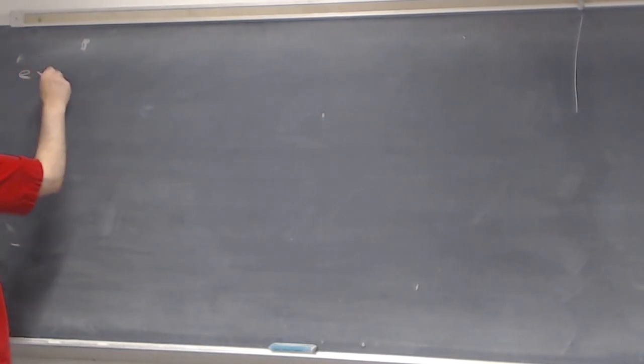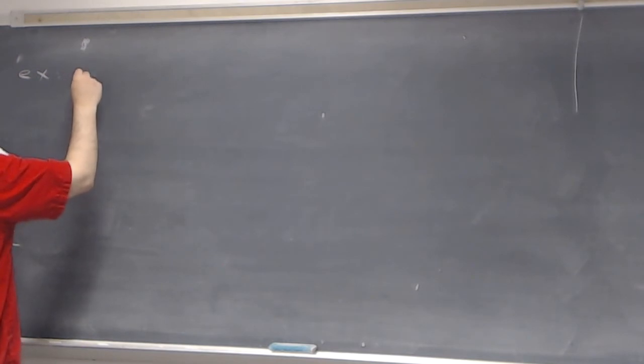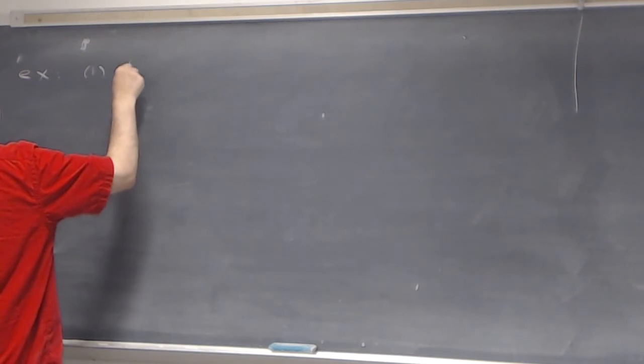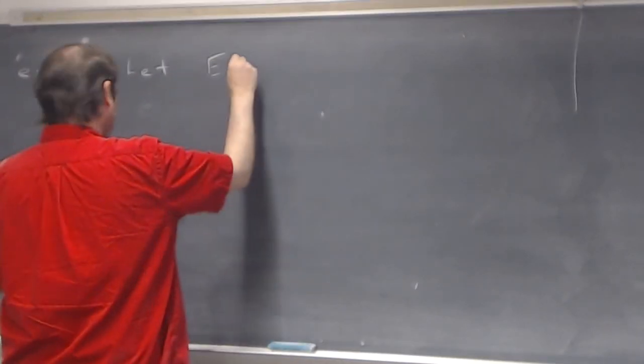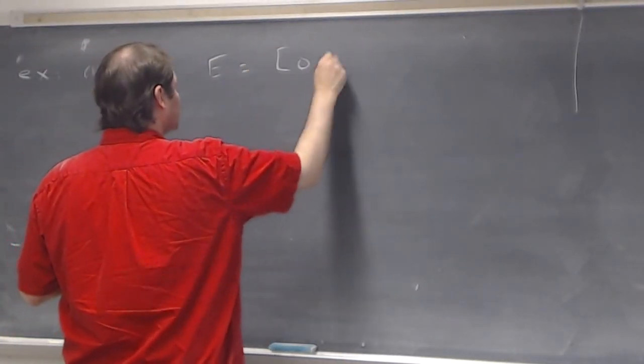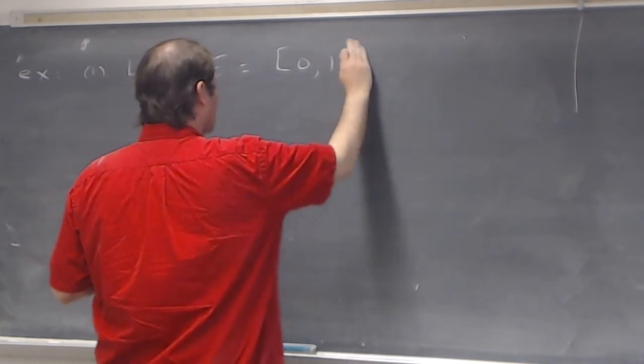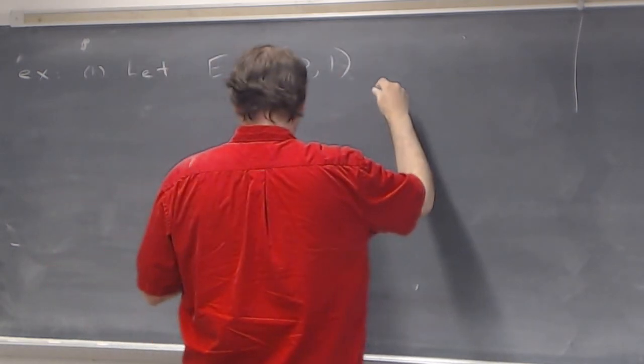Let's look at some examples. Here's the first one. So I'm going to let E be equal to 0 to 1, where 0 is included but 1 is not.